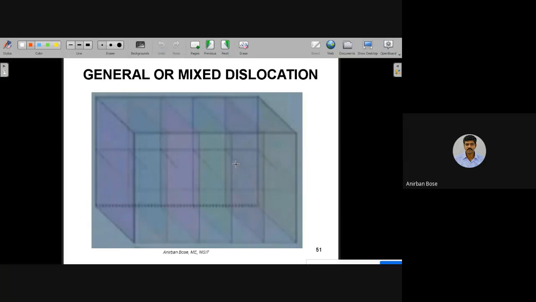Now we'll see the curved line defect, or the curved dislocation, and that is called the mixed dislocation. Okay, so we'll start from the same figure so that we can visualize this kind of thing. So 1, 2, 3, 4, 5, 6, and the same slip plane.